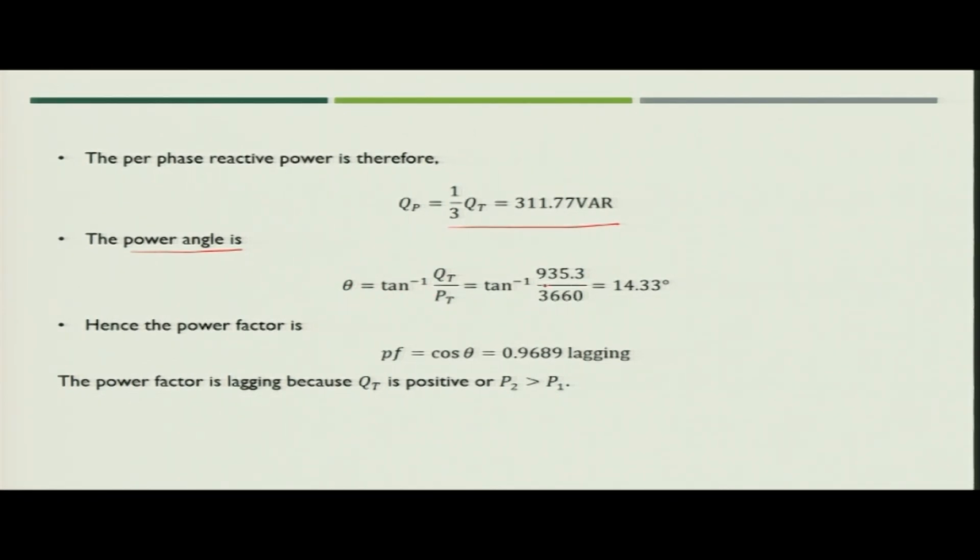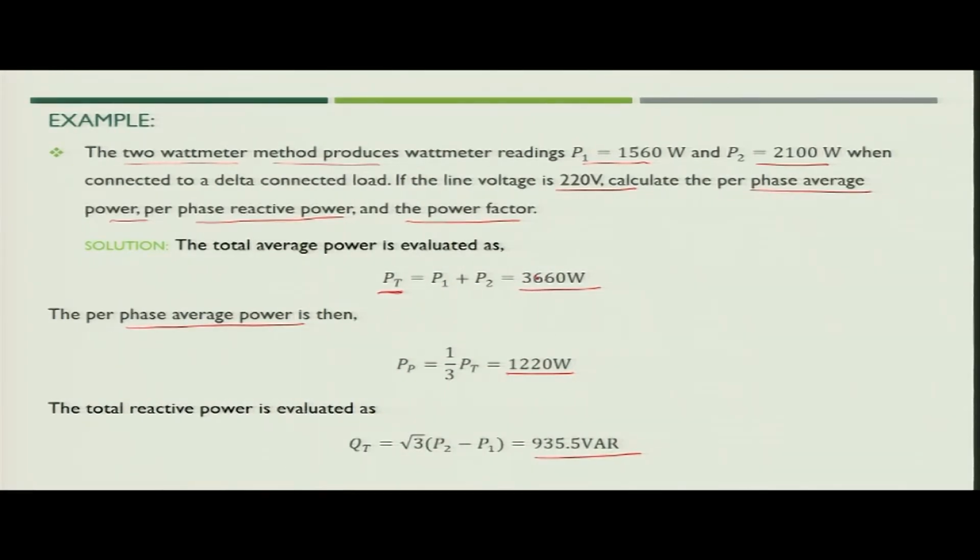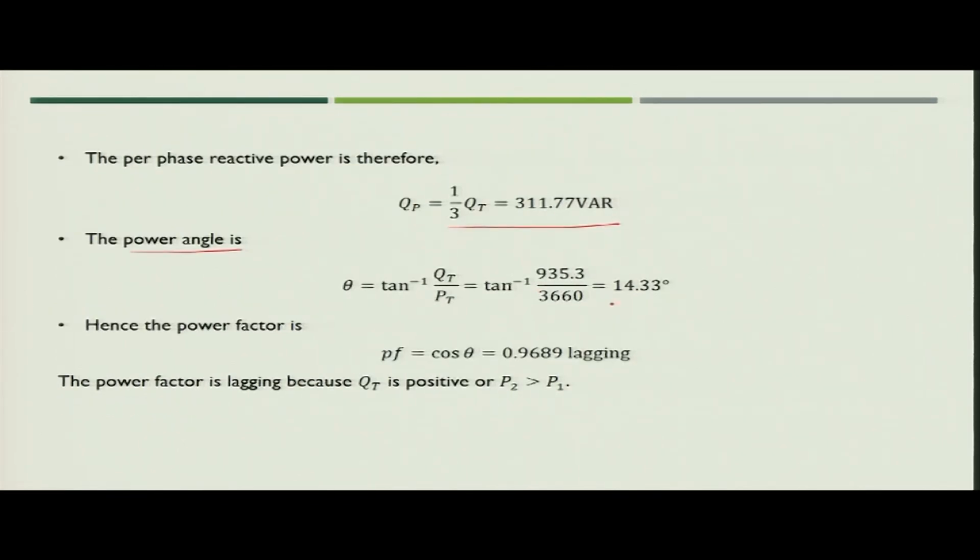QT you calculated as 935.3 and PT you calculated as 3660 watt. So, you just put the value and simplify, you get theta as 14.33 degree. So, power factor in this particular case will be 0.9689 lagging. Since P2 is greater than P1, it means that power factor is lagging.